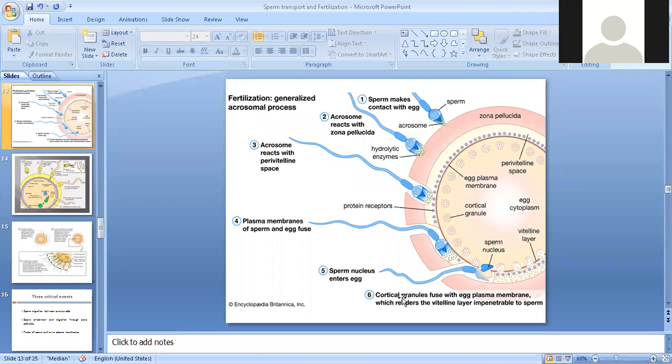So these cortical granules fuse with the egg plasma membrane and render the vitelline layer impenetrable to sperm.